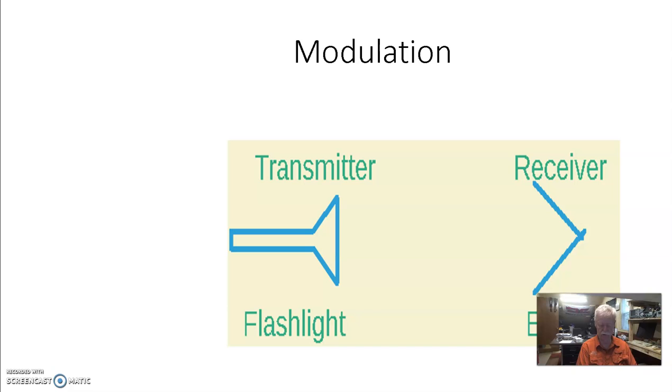So let me show you another way to encode information onto a carrier. Again, I'm going to take the flashlight and face it toward the camera, and then I'm going to filter out some waves. For example, if we see a red signal out here, that could be represented as a 1.